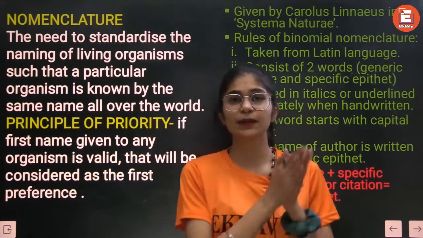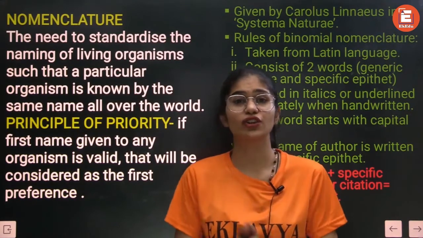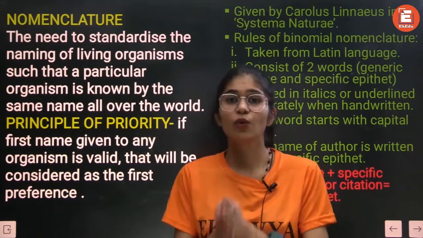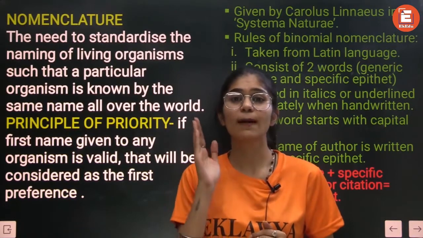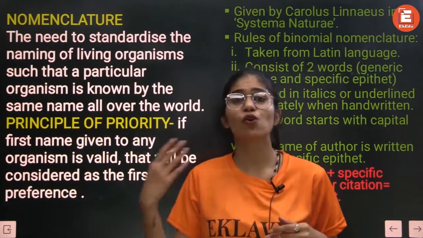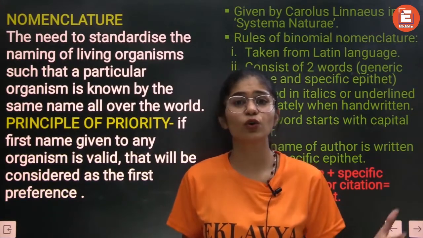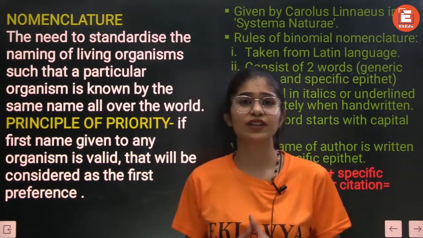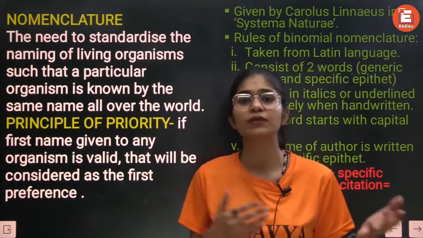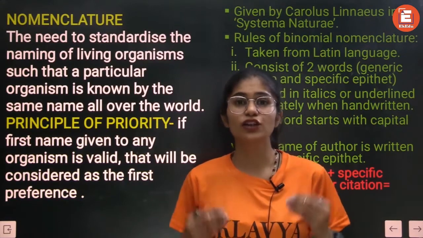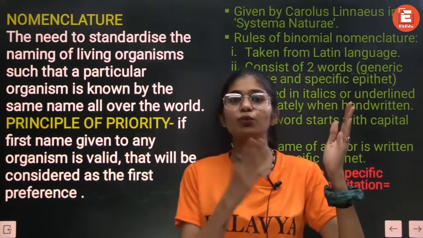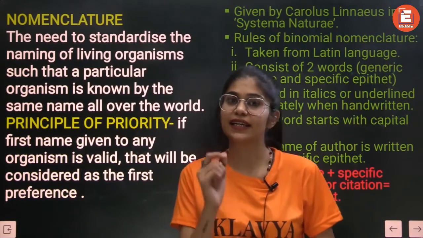So you might speak Hindi or English or Russian or Persian, but every person, when you say Mangifera indica, will understand that you're talking about a mango, which is very important because every country has their own language and their own culture. There are different systems, the societies are different, there is so much diversity in human living systems as well. So if you use a standardized method to name something, it makes communication very easy.